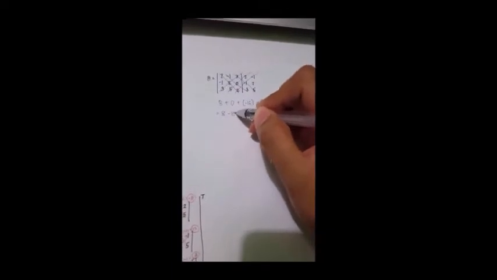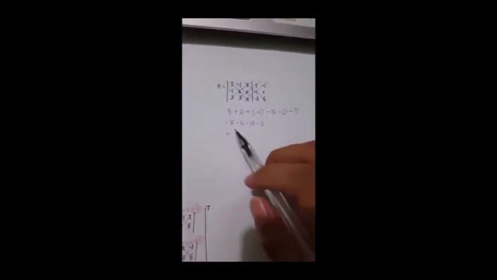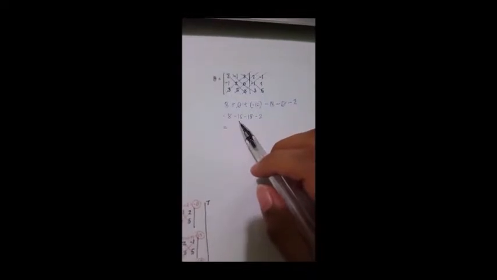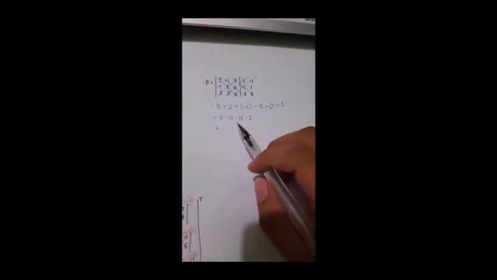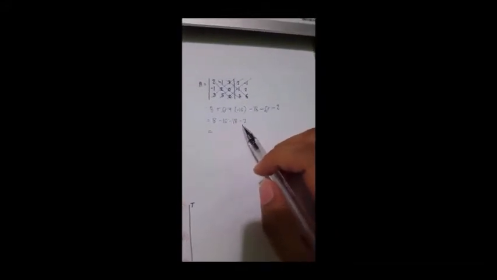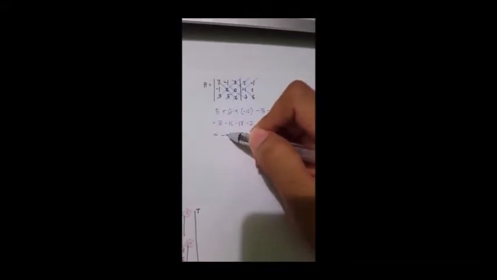Okay, so that will be 8 minus 15 minus 18 minus 2, kasi 0 na yan. So, we have 8 minus 15, that is negative 7, minus negative 18, that is negative 25, minus 2, that is negative 27.